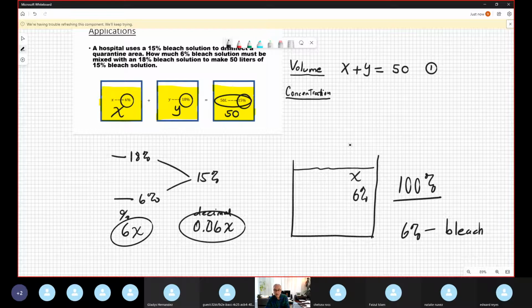And the rest, which is 94%, is pure water. Make sense? This is bleach at 100% concentration. It's mixed with the 94% of pure water. No bleach, only water, and together they generate the solution, which is, I don't know how many liters, at 6%. Make sense?